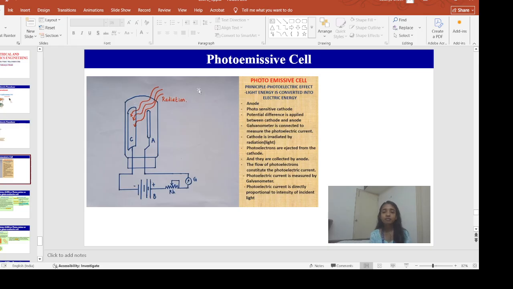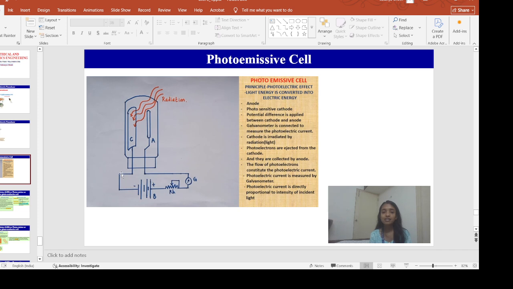Next is photoemissive cell. So here you can see this outer portion of this photoemissive cell. It is made up of the glass material. Now inside this glass material we have this semi-cylindrical shaped cathode and a thin tungsten anode.